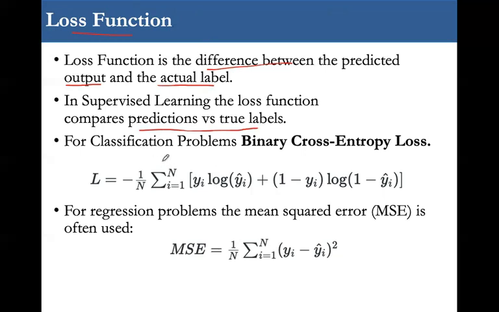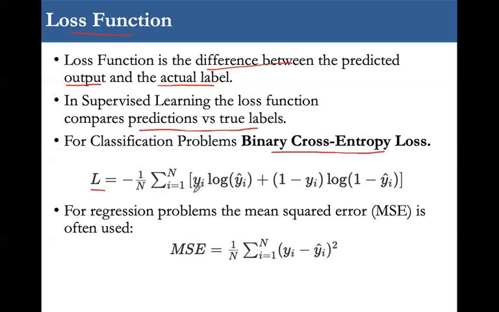For any classification problem, a commonly used loss function is the binary cross entropy loss. It is represented as L = -(1/n) Σ from i=1 to n of [yi log(ŷi) + (1 - yi) log(1 - ŷi)].